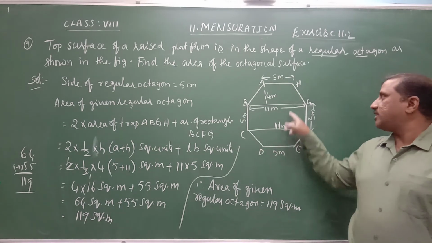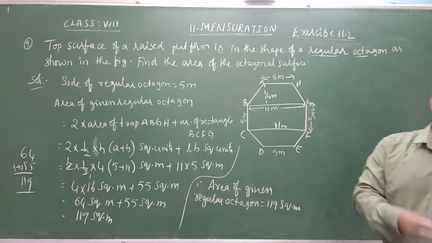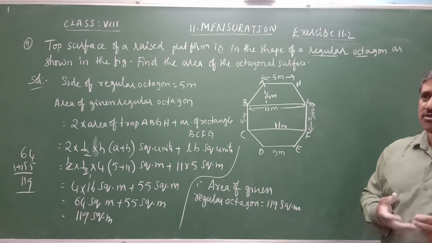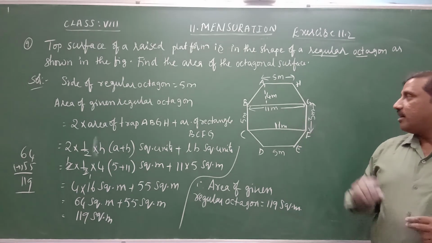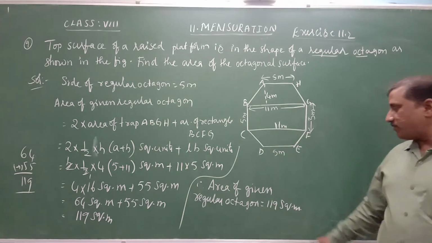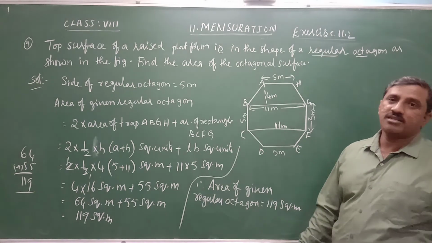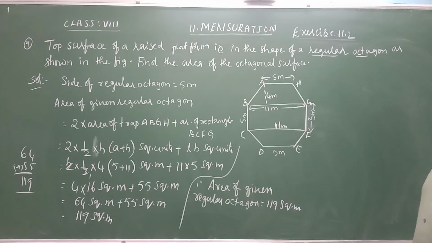As these two are equal in area, find one trapezium's area and multiply by 2, and we get the area of two trapeziums. To that add the area of the rectangle, and we will get the area of the given regular octagon, which is 190 square meters. Is it clear, children? Yes.